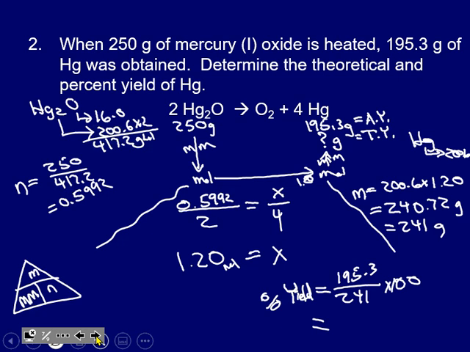Caleb, you looking at a number? 81. You got a decimal on it? 81.0%. All right? Not too tough?